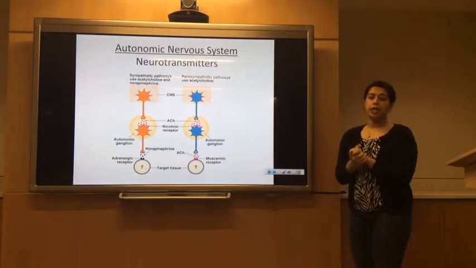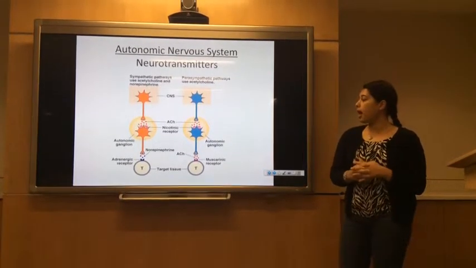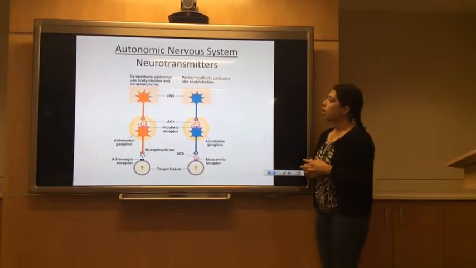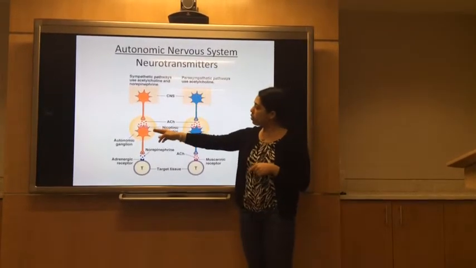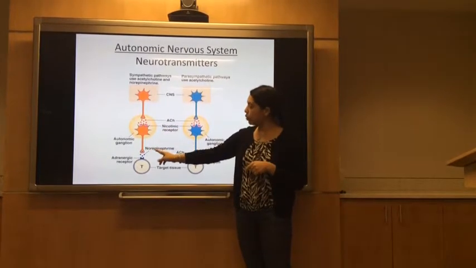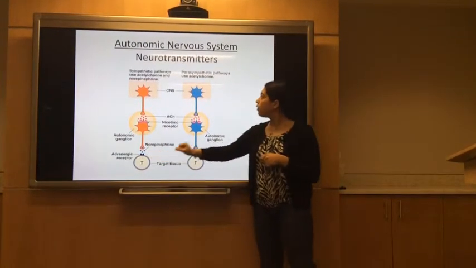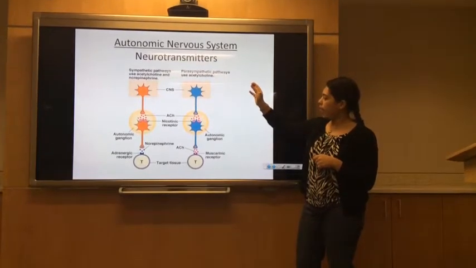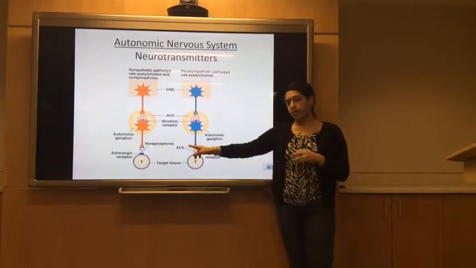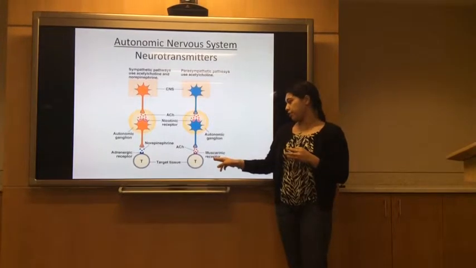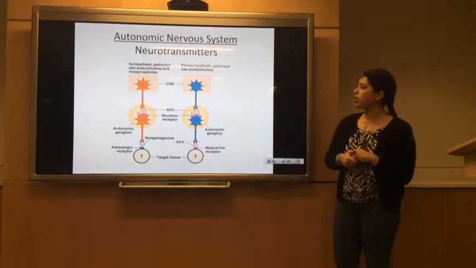The differences come in terms of what the postganglionic nerve fibers are releasing. For the sympathetic pathway, the postganglionic nerve fiber releases norepinephrine onto adrenergic receptors, while for the parasympathetic, again, acetylcholine is released onto muscarinic receptors. A couple things to note here.